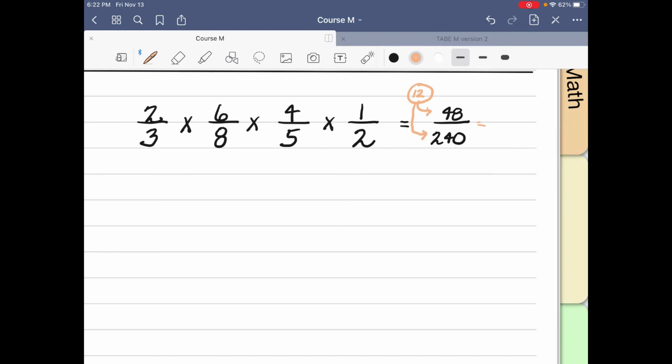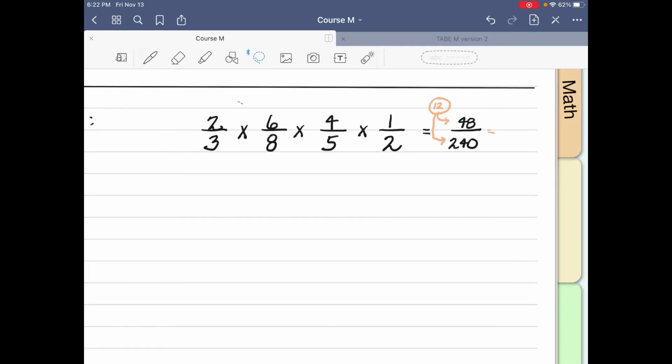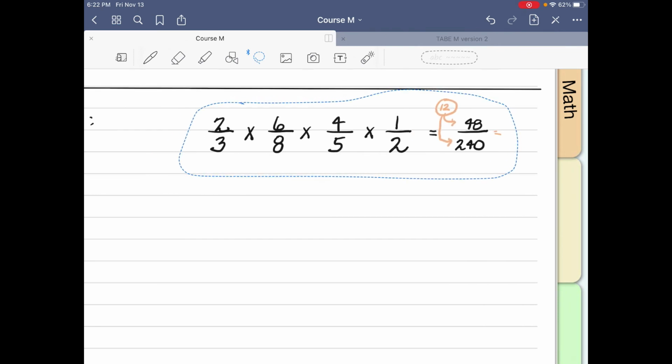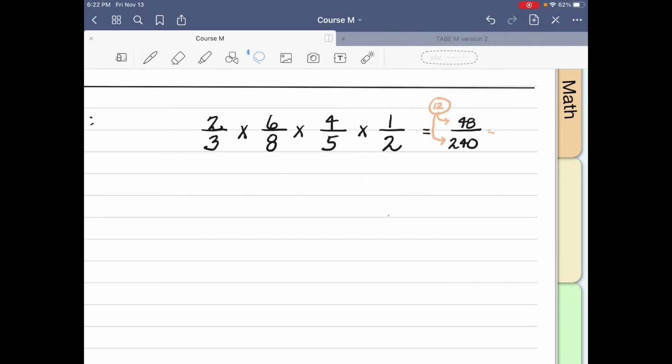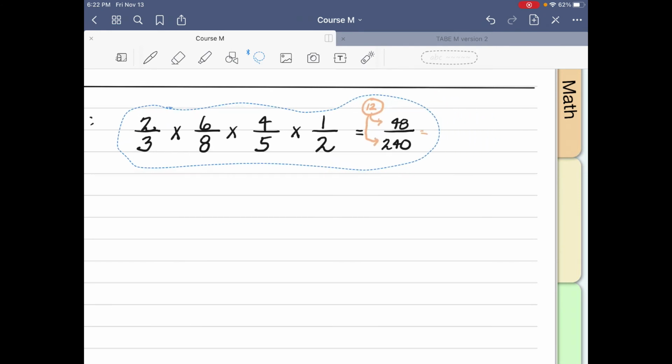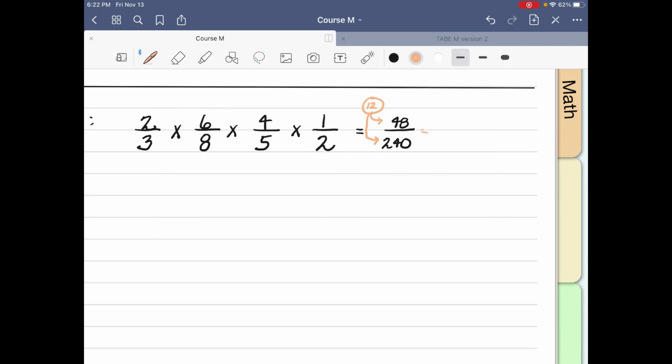And I suspect even that is not going to get me to lowest terms. I believe a 24 is actually what I would need. But most people don't know their times tables through 24. So let's use the 12. That's hard enough, getting the 12. 12 into 48 is 4 times. 12 into 240 is 20 times. And then I can go again by 4.